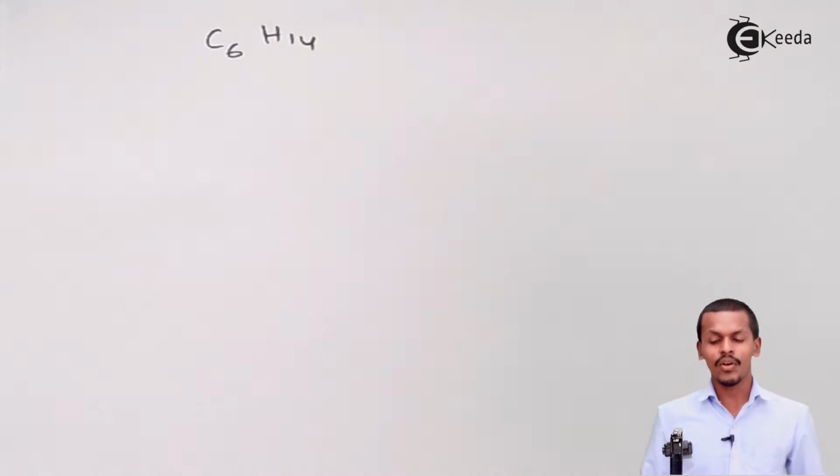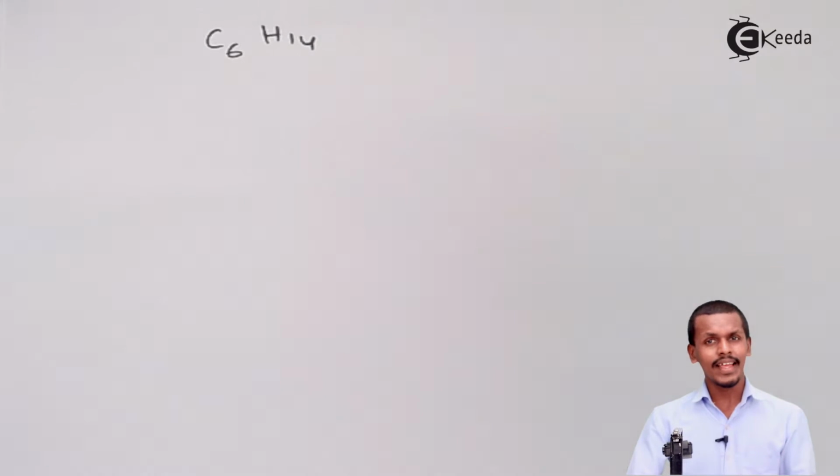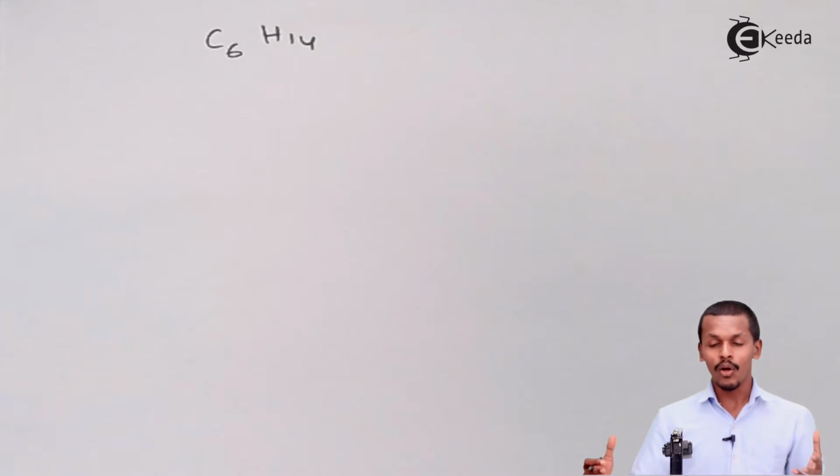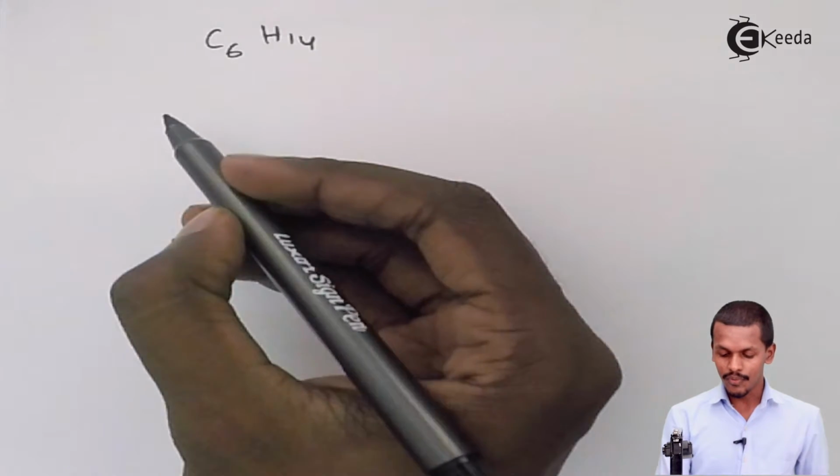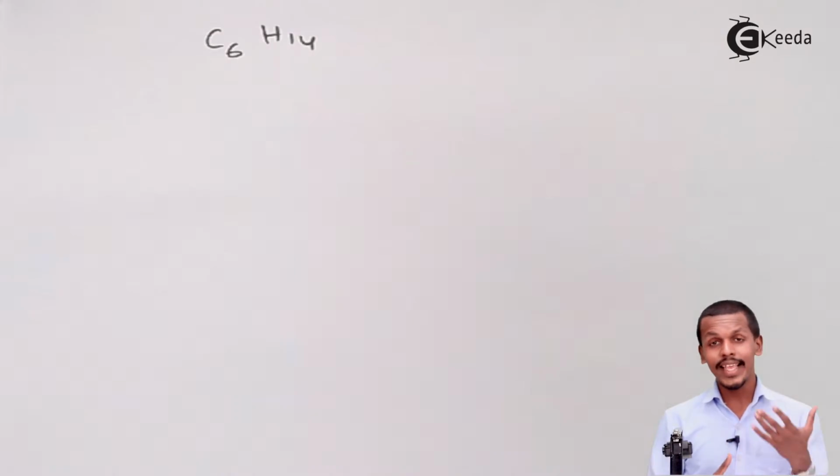This is the molecular formula of hexane, but it could be represented in the form of a structure also. In the structural formula, we represent every bond. It is not necessary that every bond be represented, but we will try to focus on that. It will showcase how many bonds are present between the two atoms, or how the atoms are arranged.